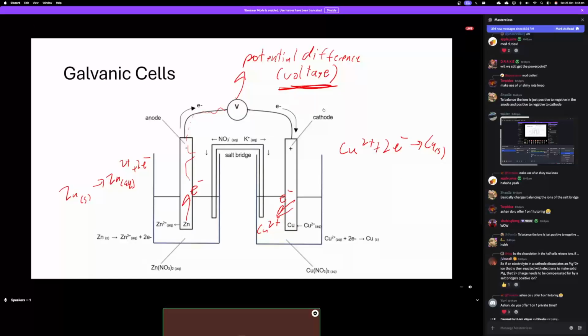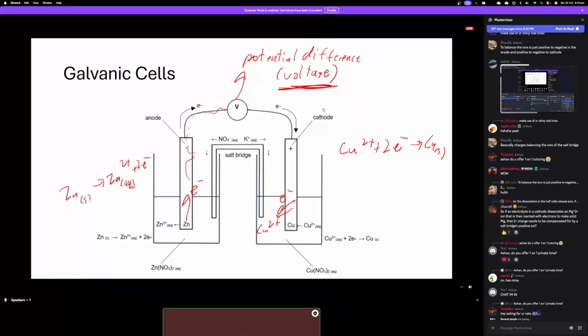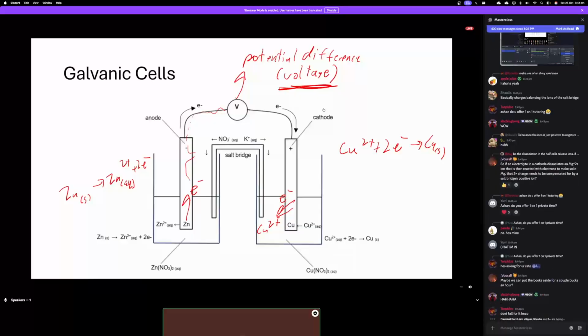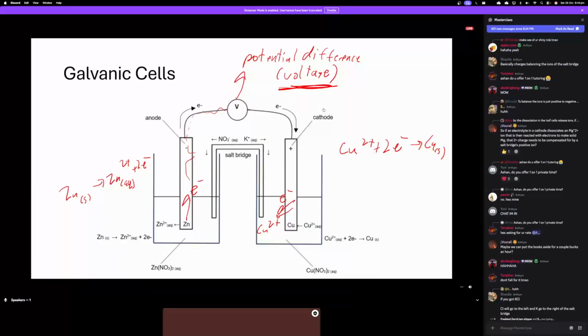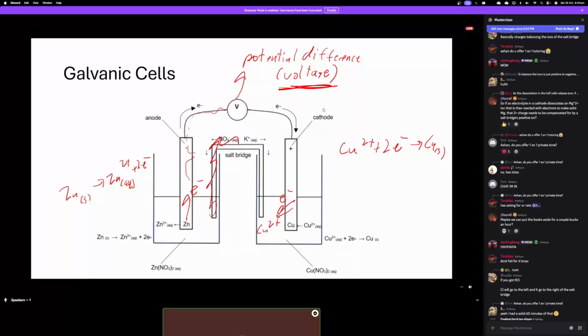It will take in the electrons and it will form solid metal, right? Hopefully that makes sense. Ignore the salt bridge. We'll get to the salt bridge in a sec.